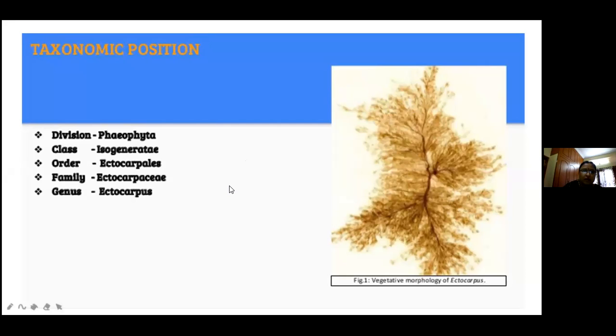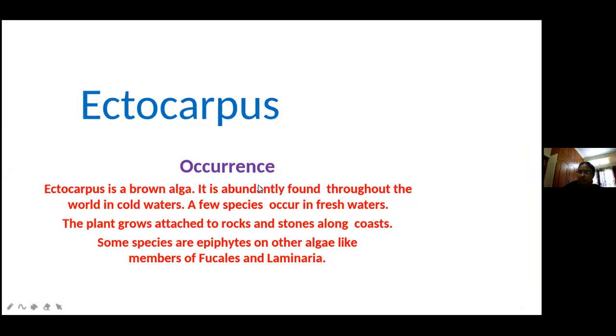Okay, next one. Now, what is the first character? Habit and habitat. Yes or no, girls? Yes. See here, Ectocarpus is a marine alga. It is worldwide in distribution, but it is primarily an alga of colder countries also.